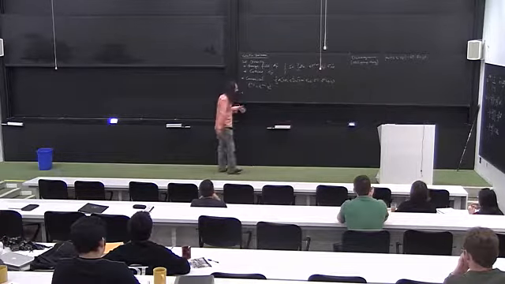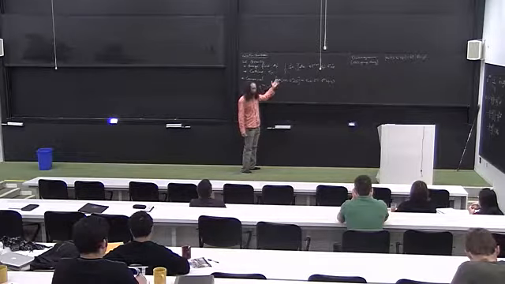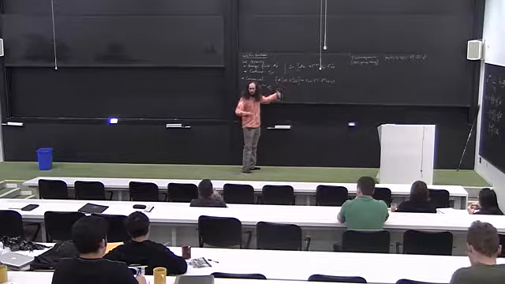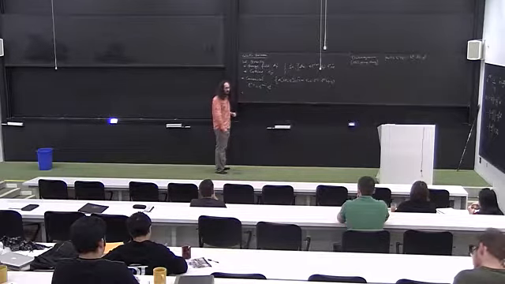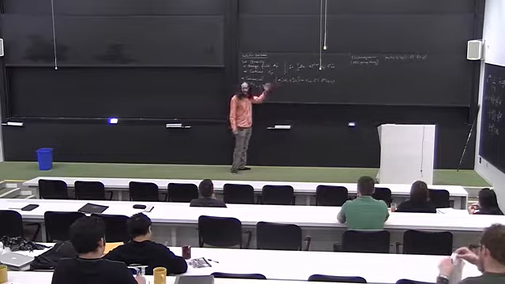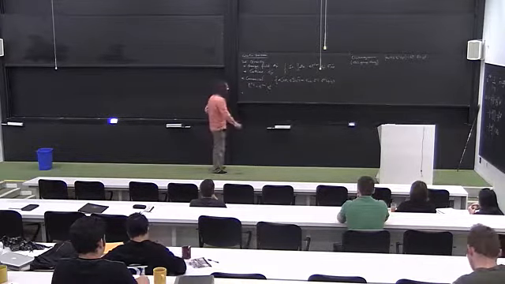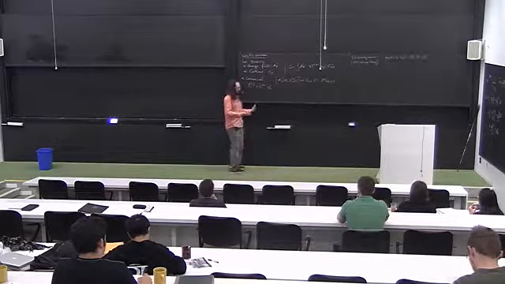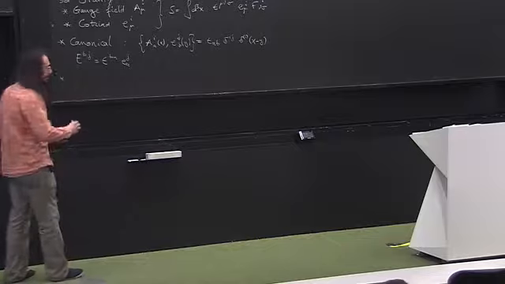Then you want to do a quantization, which means you want some phase space functions to become operators in the quantum theory. To do that, you cannot do it for any phase space function. I think Bianca Dietrich insisted on that. So you have to choose a family of functions that you will promote to quantum operators.